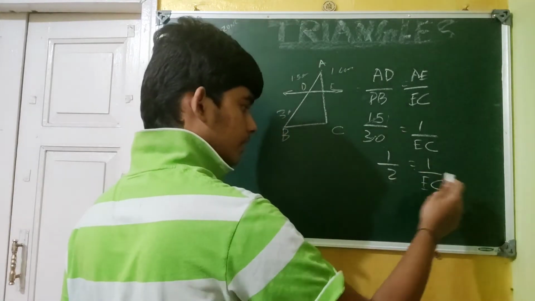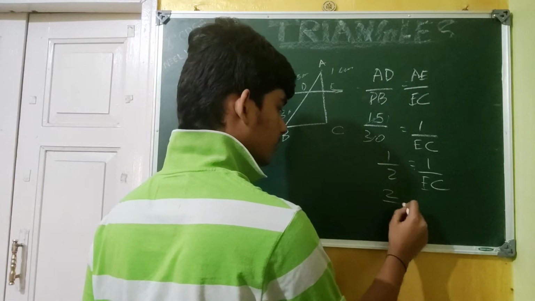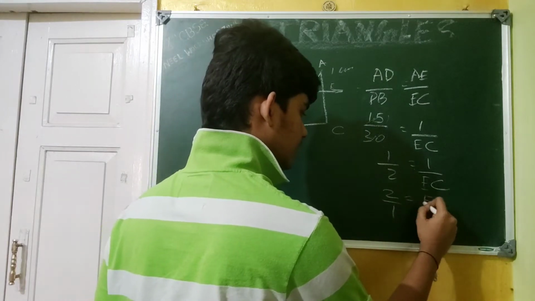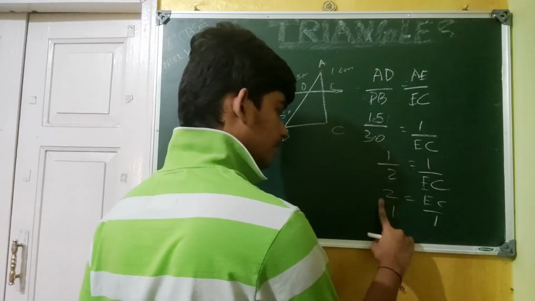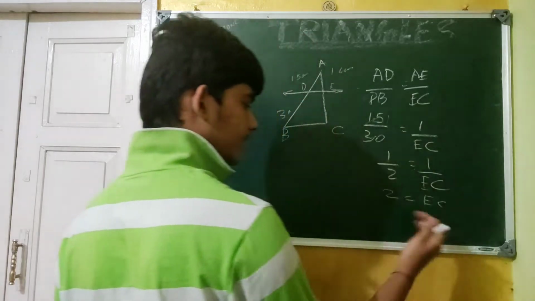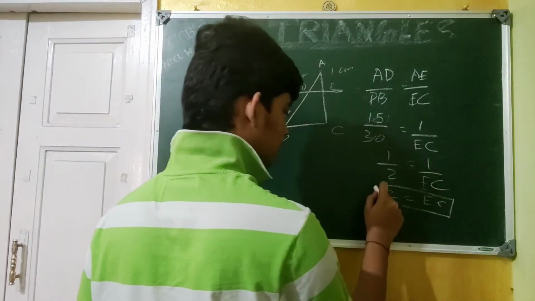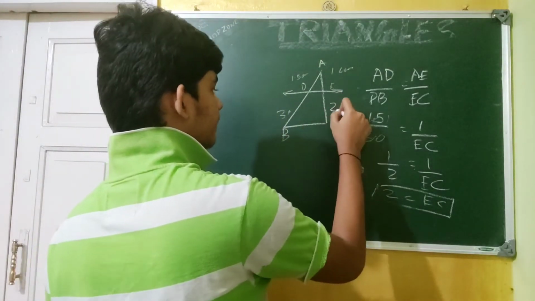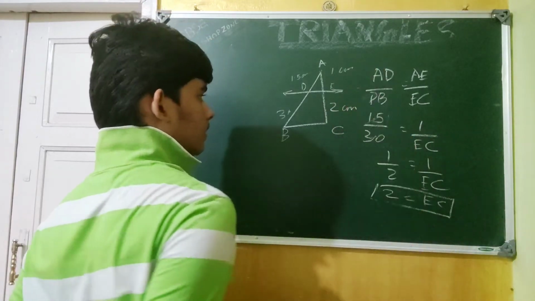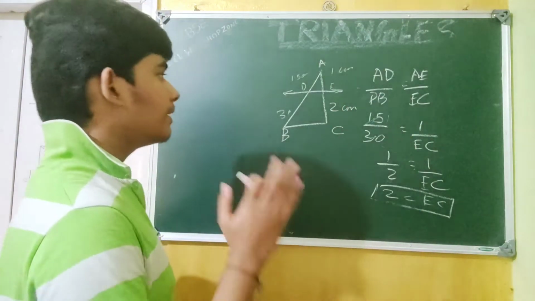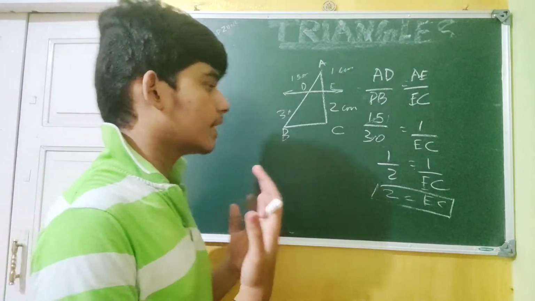By flipping this up, it will become 2 by 1 is equals to EC by 1, which basically means 2. So EC is equals to 2. That is how you solve these sums. They are pretty simple. Now let's actually do the next one.